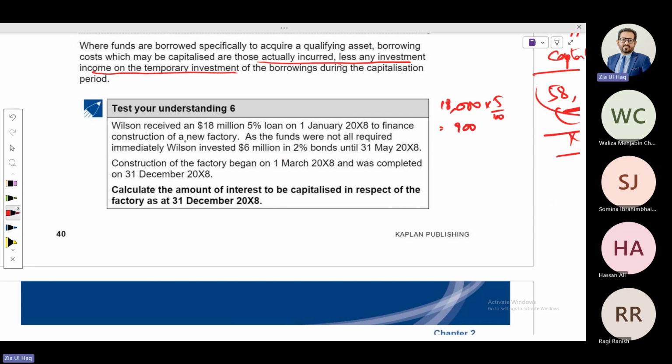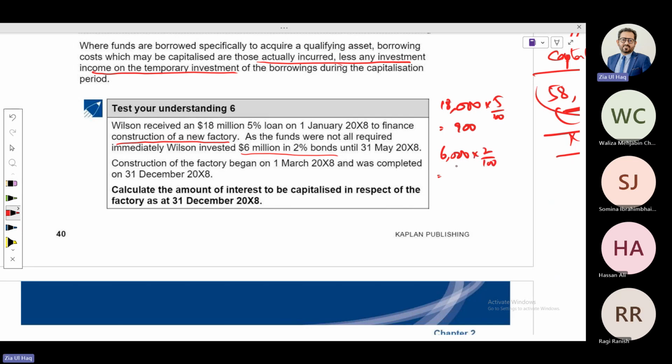The loan was to finance construction of a new factory. This means the loan is being used in construction of a new factory, meaning an asset. As the funds were not all required immediately, Wilson invested 6 million out of this 18 million in a 2% bond until 31st May 20x8. This means the company invested 6 million at a 2% rate.